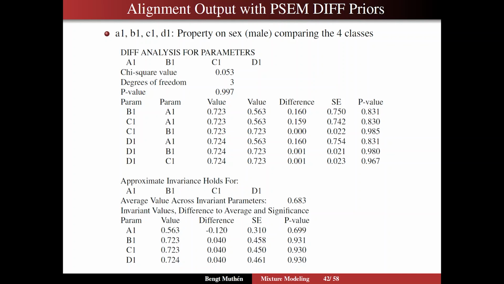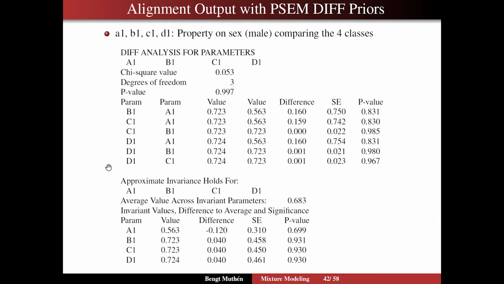So that points towards class invariant direct effects, which the non-psum run, comparing BICs, also indicated. And we see out here that we have no low p-values for any of the comparisons, B versus A, C versus A, C versus B, etc.